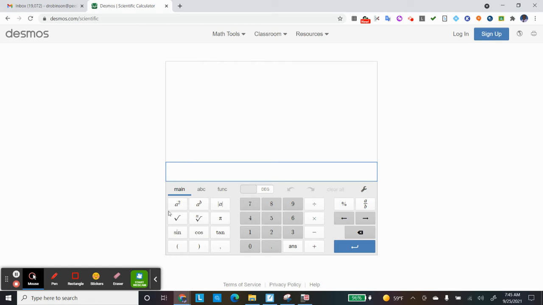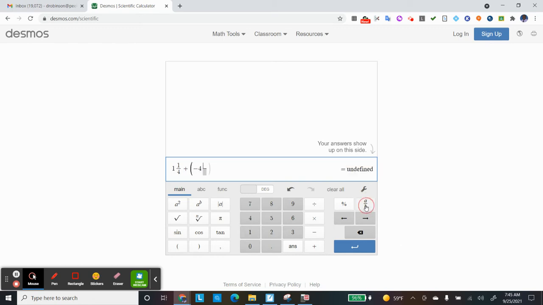The first number is 1. I need the fraction button, which is located right here, the AB. 1, go down, 4, and move over. Plus, parenthesis, negative sign, 4, and 1/5.